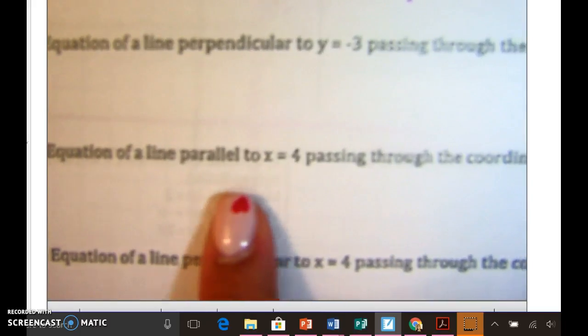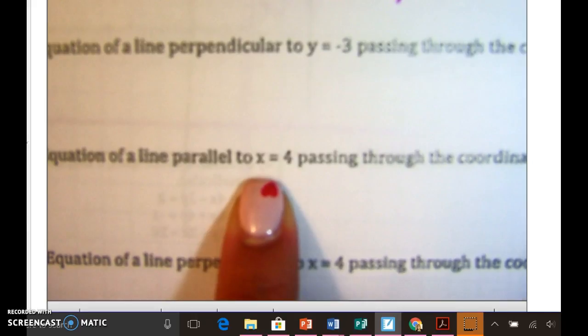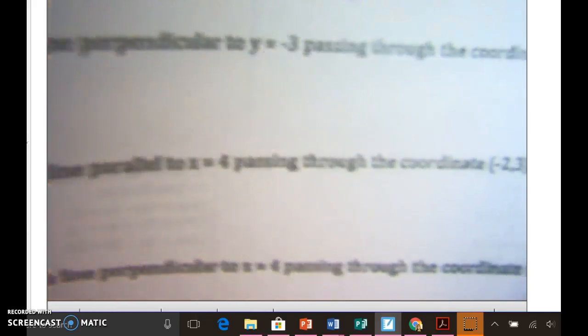If you have to find a line parallel to x equals 4, think about what the graph of this would look like. The graph of x equals 4, 1, 2, 3, 4, is this. This is x equals 4.